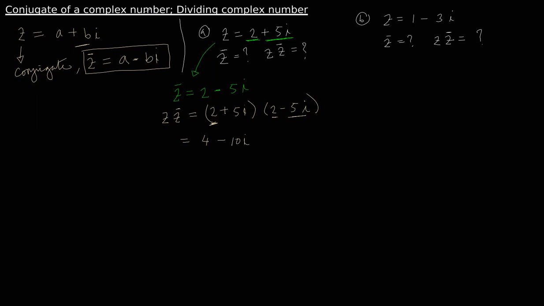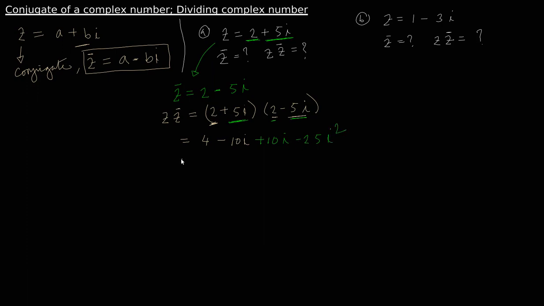Now I'm going to multiply this 5i with this 2, so it is going to be positive 10i, and this 5i with this negative 5i, so it will be negative 25, and i multiplied by i is i square.